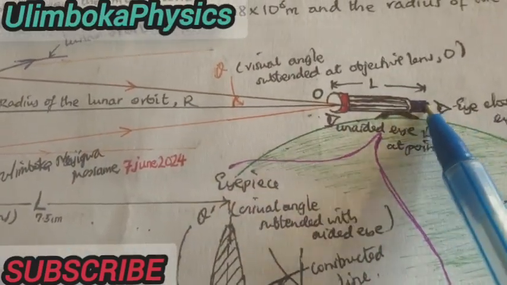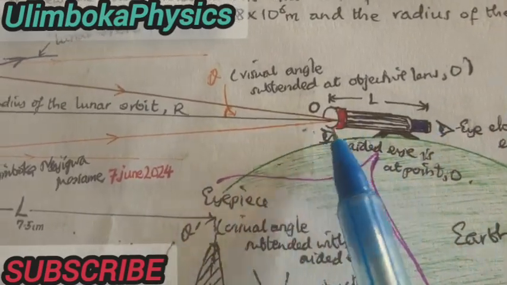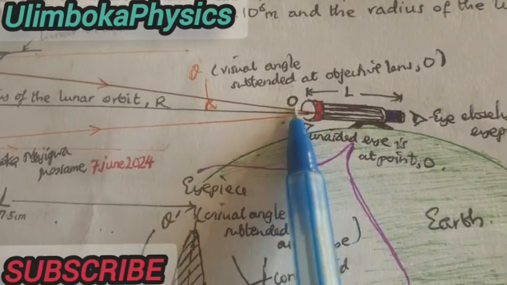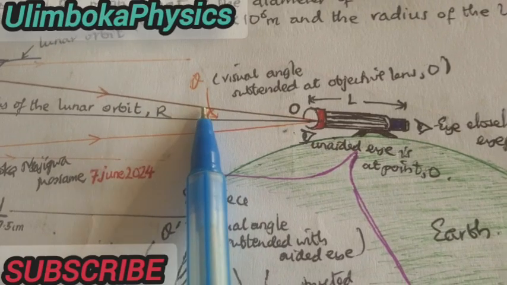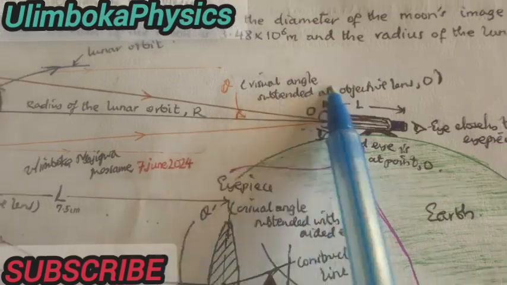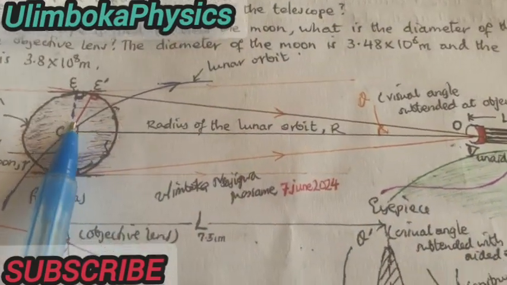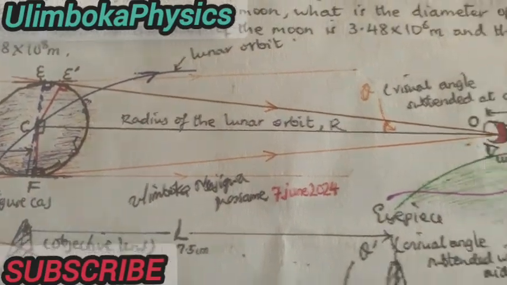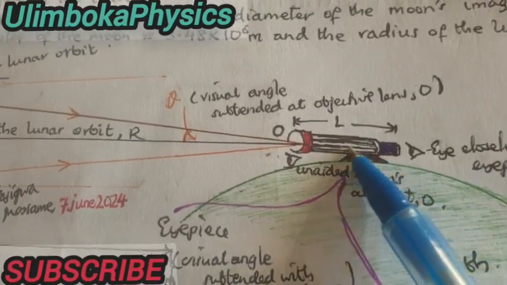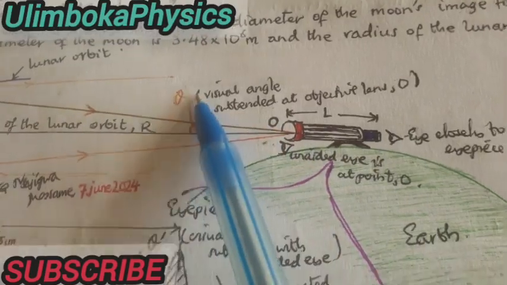Therefore, when the observer views through the eyepiece, it is the same as viewing with unaided eyes at the objective lens O. The angle theta subtended by the object is the same as the angle subtended at the objective lens, because with unaided eyes the object is still at infinity, and with aided eyes, or with the telescope, the angle at the objective lens will still be the same as that of the unaided eye.